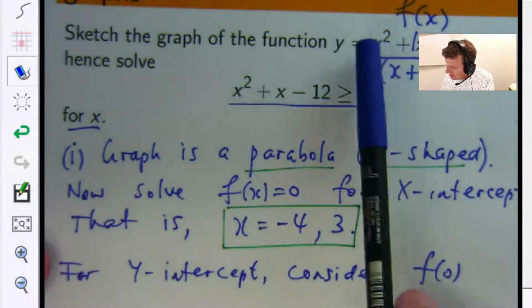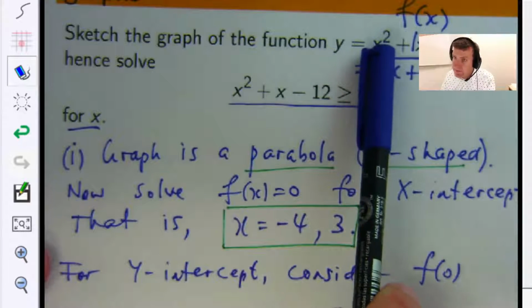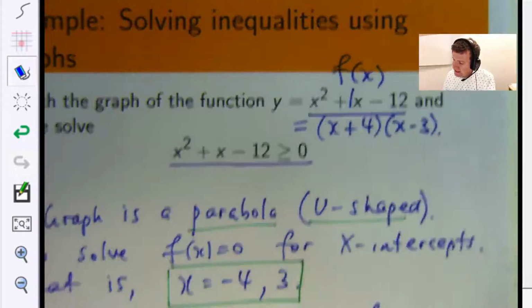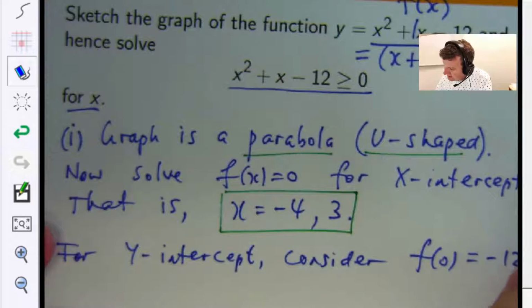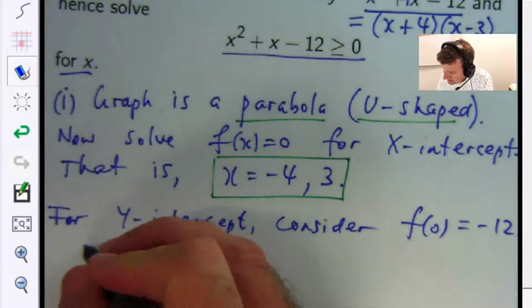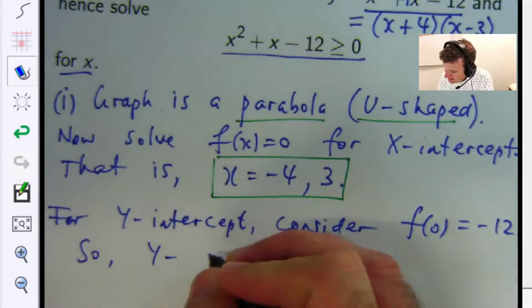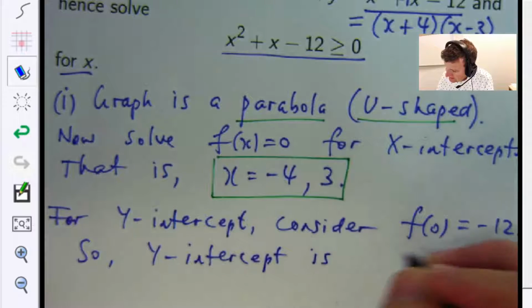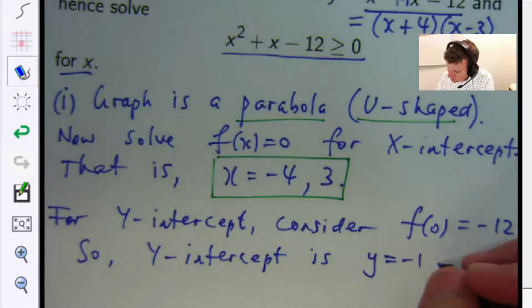If I go up here, I plug in x equals 0, that'll be 0. That'll be 0, and I'll be left with negative 12. So the y-intercept is negative 12.